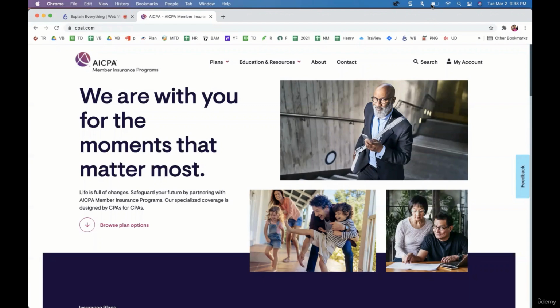So they launched this program to sell this life insurance to AICPA members at a discounted rate. So what is the very first thing? How will they get the customers? What will they do? Anyone? They'll contact the members of AICPA.